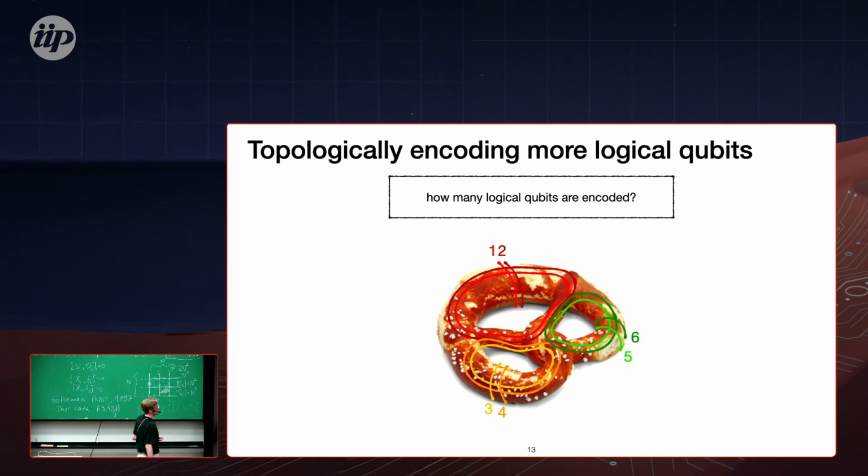Indeed, as before, around every hole we could wrap X and Z logical operators twice, so to encode 2 logical qubits, and the same will hold for each other hole. So with each hole we can encode 2 logical qubits, 3 holes, 6 logical qubits.